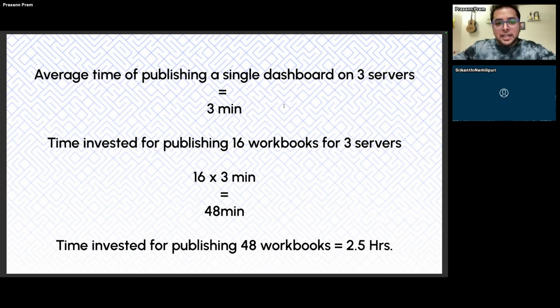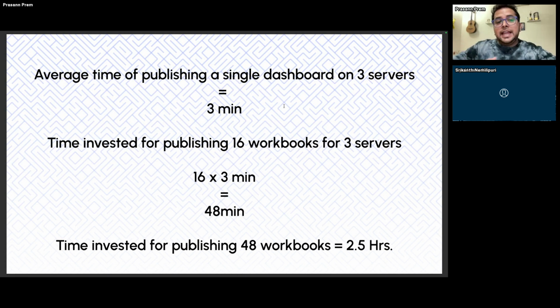Because if you have a single dashboard and you are going to publish it on multiple servers, then you have to go to the option, change the server path, log in, and then publish. I think maybe someone can do it faster than this, but when a couple of folks in my team calculated, we found that it was somewhere around 3 minutes.